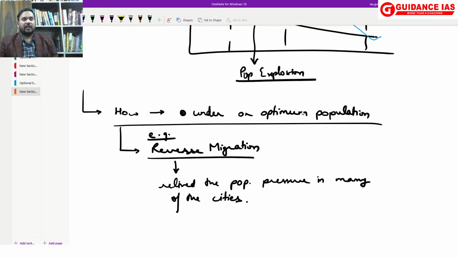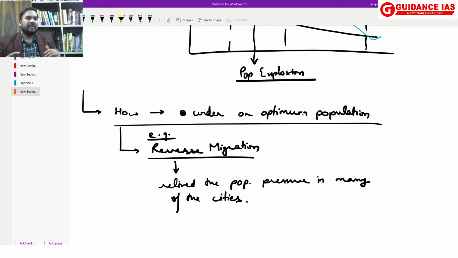Because there was very large, in case of, for example, India, there was very large, millions of people reverse migrated to the villages. So comparatively, the cities were what? They were relieved. So the level of overpopulation which was before the pandemic and after pandemic, it was different.